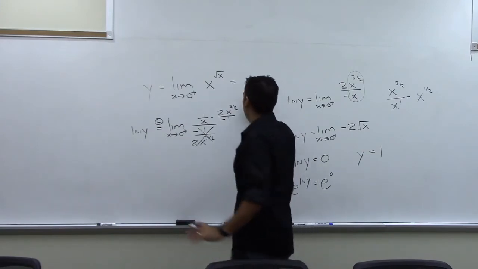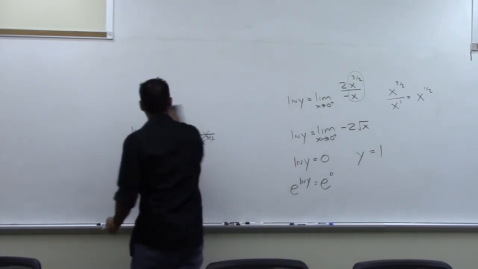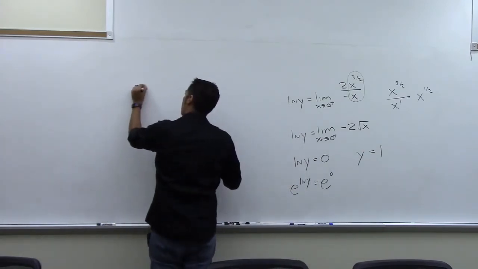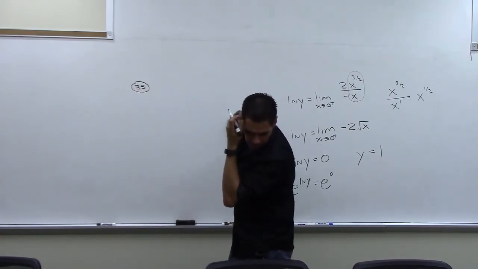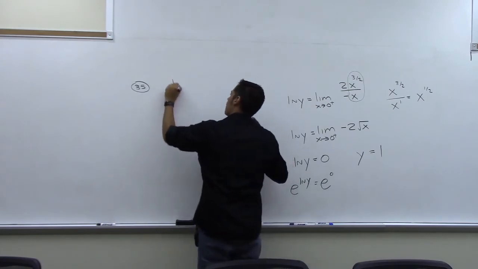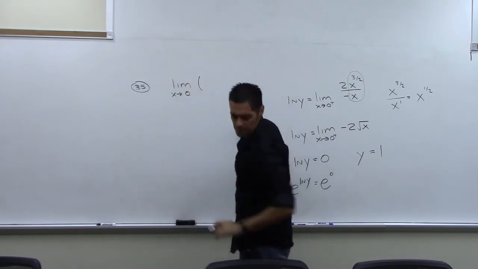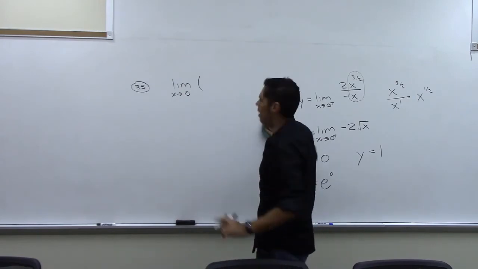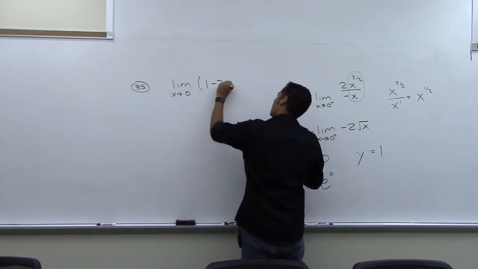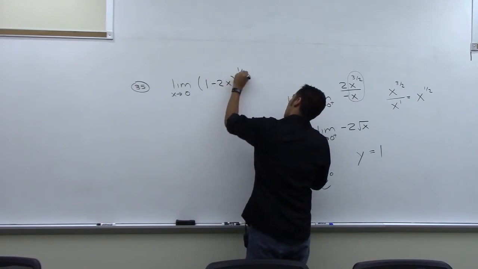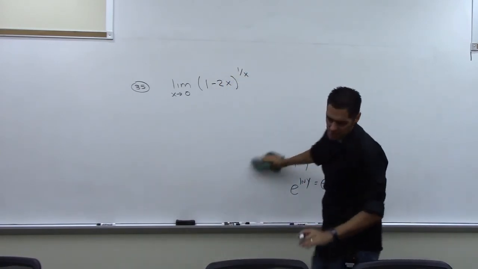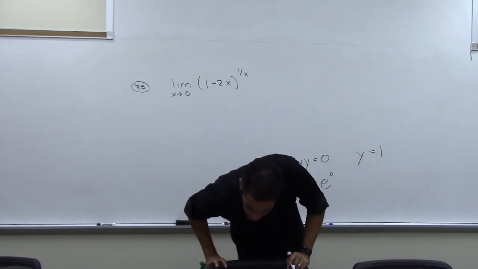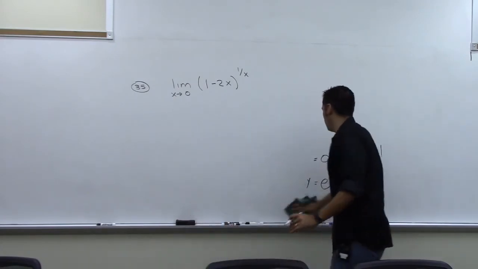All right, 35. Limit as x goes to 0 of 1 minus 2x raised to the 1 over x. So let's see what happens as x approaches 0.